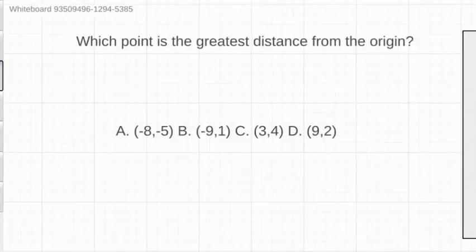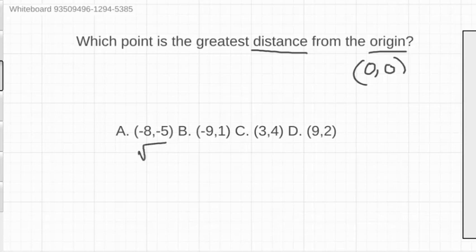Alright, which point is the greatest distance from the origin? So we know that's distance, we're going to use the distance formula, and origin means we're going to use 0, 0 to plug into our distance formula. So we're going to find the distance for all of these points from the origin. For A, our distance would be the square root of 89.